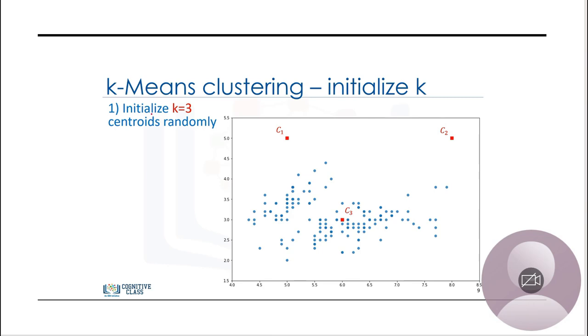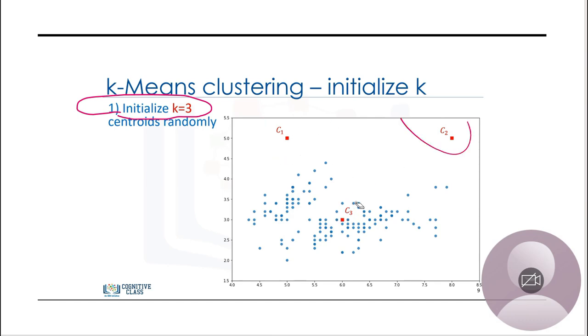So the first step is to initialize. You need to decide how many centroids or how many clusters you want. In this specific case, we decide to use 3 clusters: 1, 2, 3.